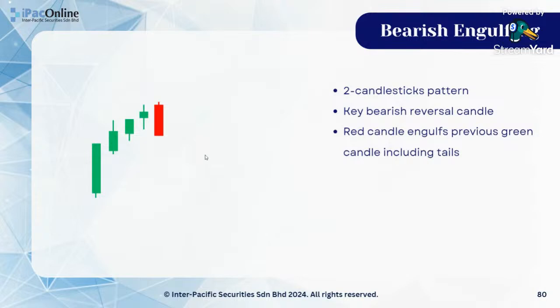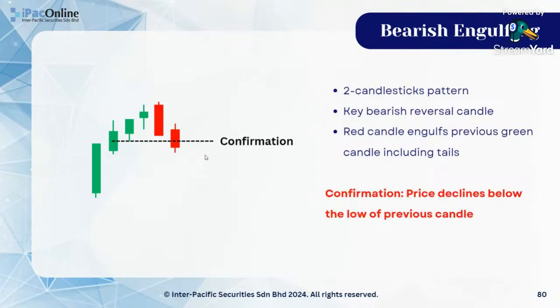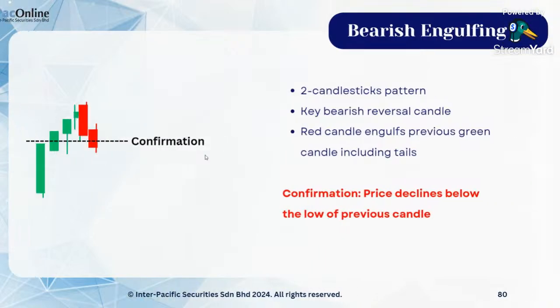Okay, on the reverse side, which is bearish engulfing, after a series of rally, it forms a red candle that overshadows the green candle, and as it breaks below the nearest previous candle low, that confirms the selling pressure.